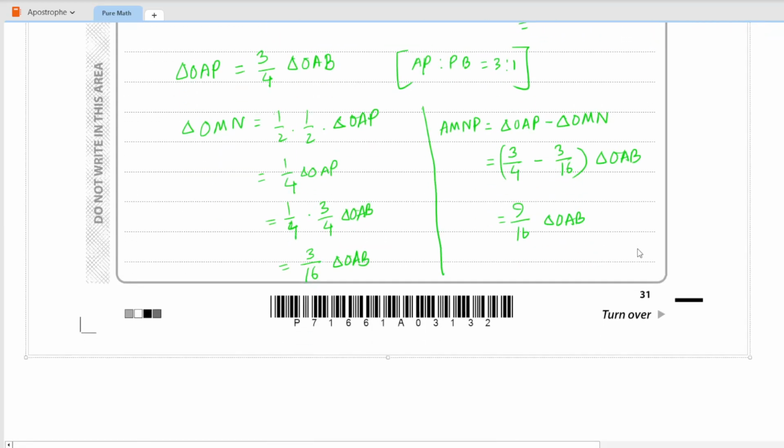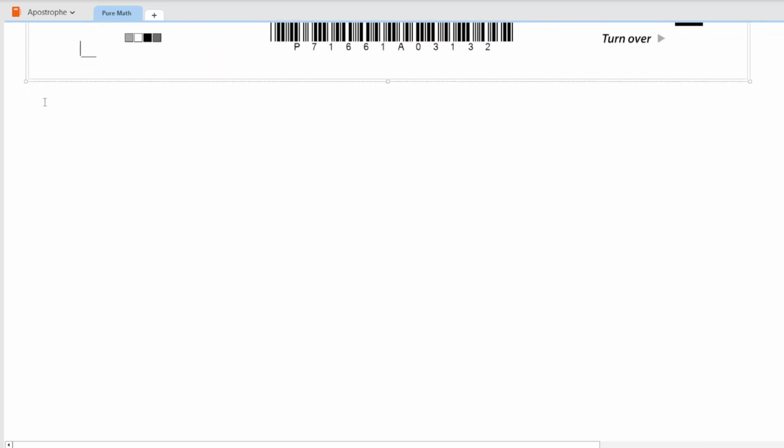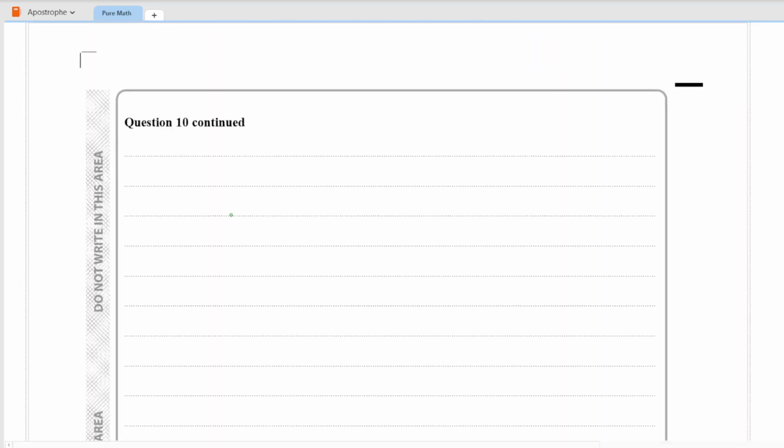So since we have that data, we can just write AMNP over triangle OAB is equals to 9 over 16.